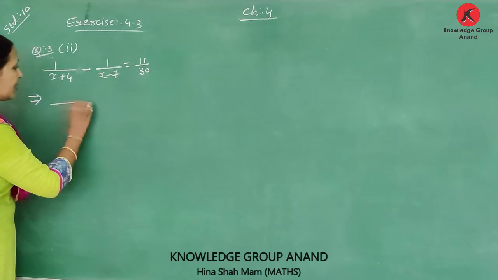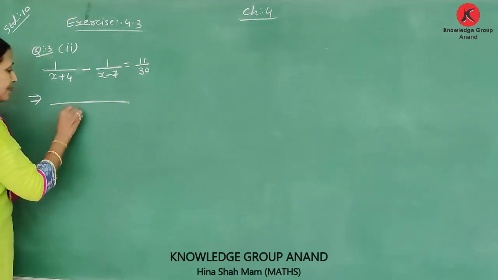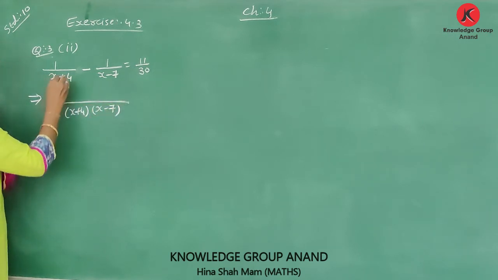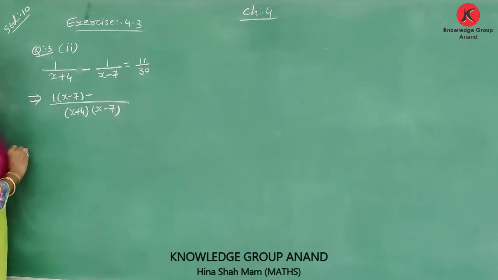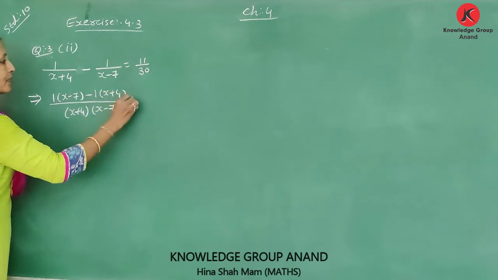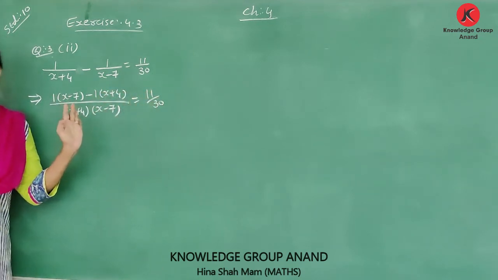Now, LCM of this. First we take the left side, x plus 4 into x minus 7. Then 1 into x minus 7 minus 1 into x plus 4 equals to 11 by 30.